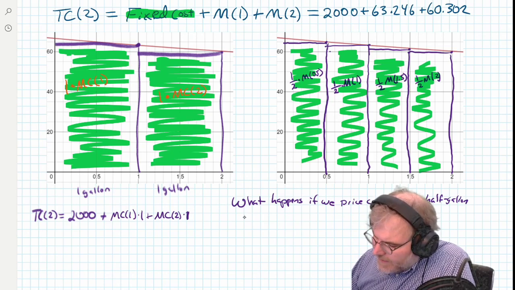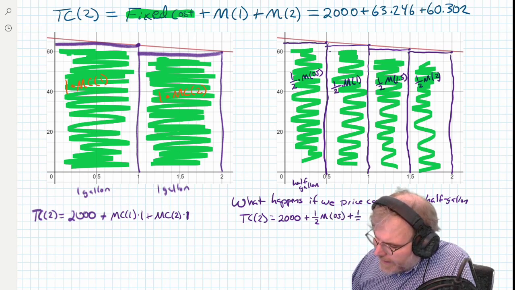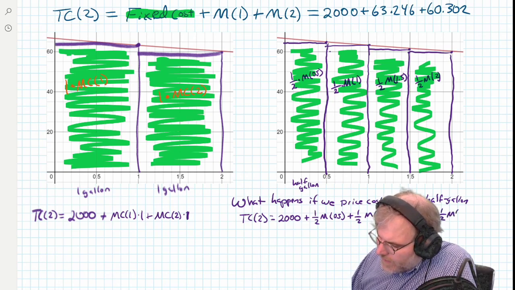Here I have that the total cost of producing 2 gallons of gasoline equaled 2,000 plus 1/2 M of 0.5 plus 1/2 M of 1 plus 1/2 of M of 1.5 plus 1/2 of M of 2.